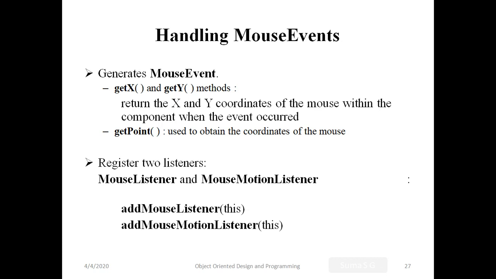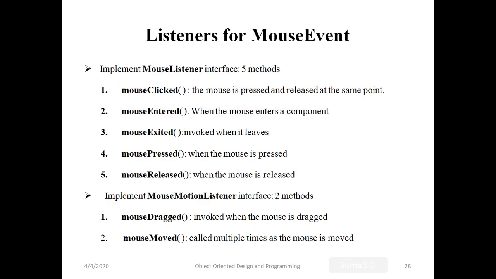You have to register two listeners for handling mouse events, and you have to implement all the methods present in both the listeners. Only then can you handle mouse events. So you have to add a mouse motion listener and add a mouse listener in your program to receive mouse events.